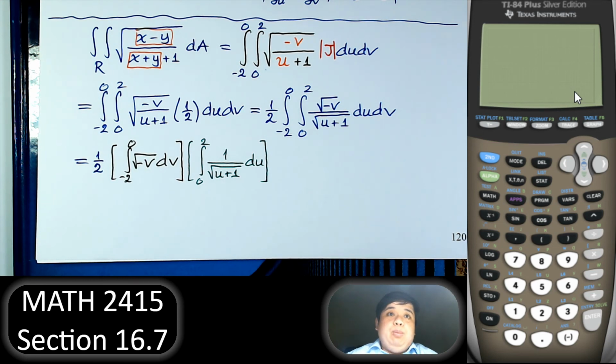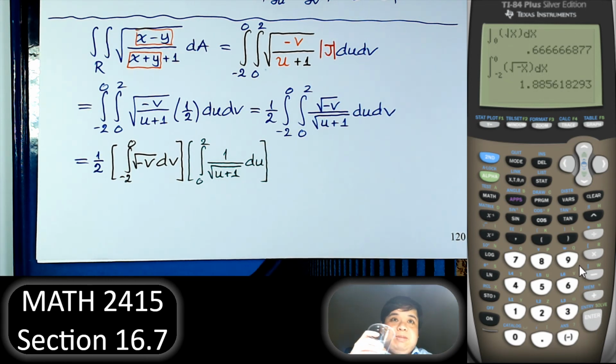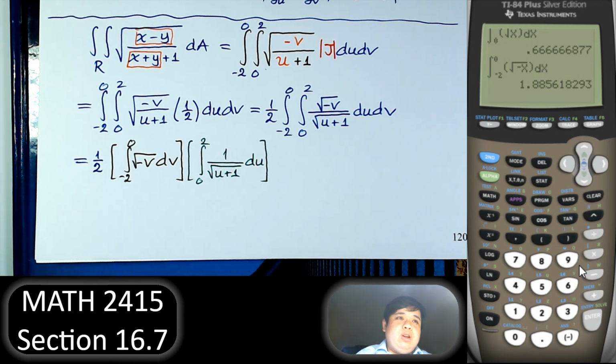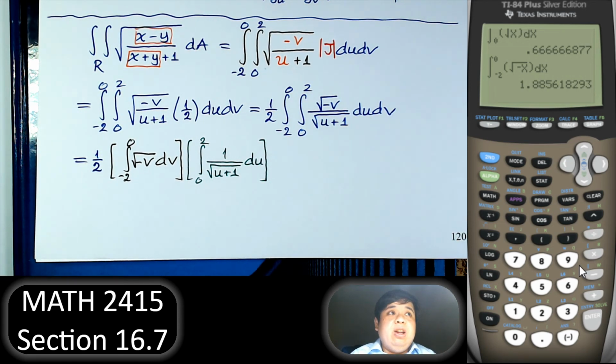If we put it in the calculator, I don't think we have anything nice and even here. That might be a problem. Going from -2 to 0, the square root of -x, that doesn't look friendly at all. Certainly not. So in that case, we have to use substitution. We use u and v already, so we have to use something different than u and v, different than x and y.